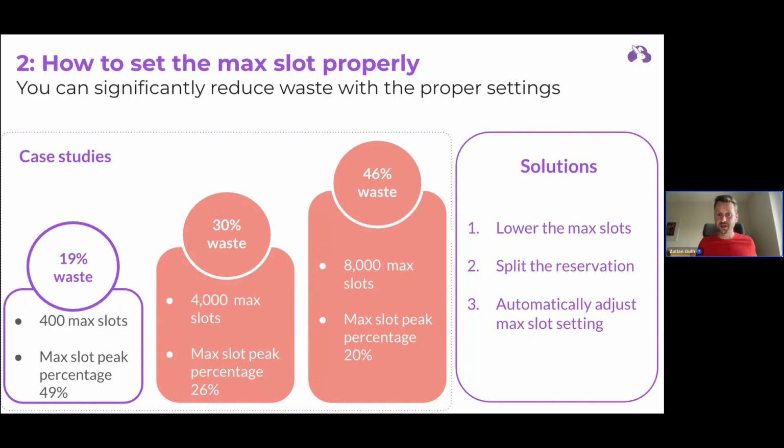First of all, I think it's really, really important to understand what your waste is. We have a blog post on our website where we published a BigQuery SQL that you can use, because this data is available within BigQuery in the information schema.